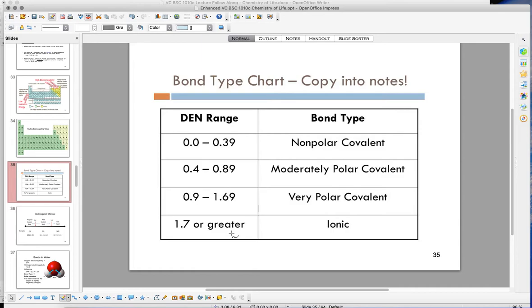And then there are also ionic bonds. Ionic bonds are when the electrons are not shared. It's when electrons are either stolen, taken from an atom, or given to an atom, and it's not an equal sharing. So that is where we form ions. If you remember from one of the first slides we did today, an ion is an atom that has a different number of protons and electrons, so we don't have that neutral charge anymore.